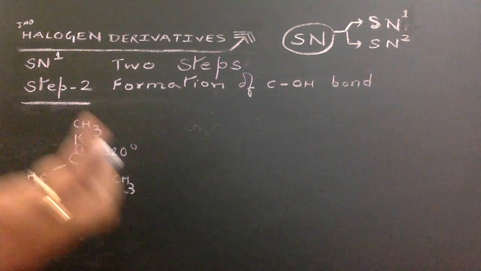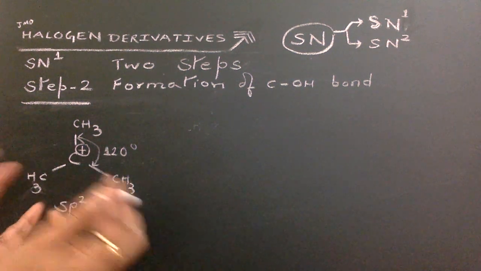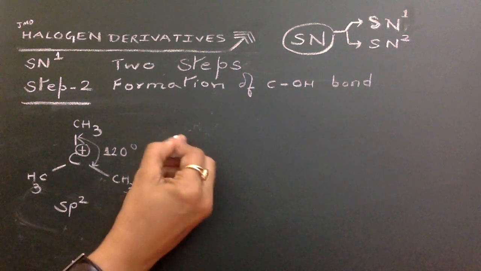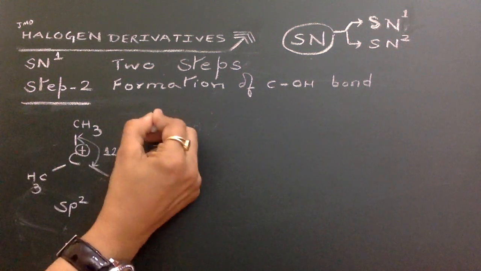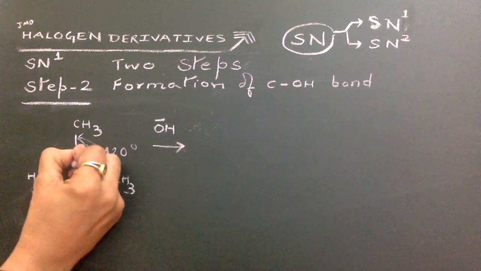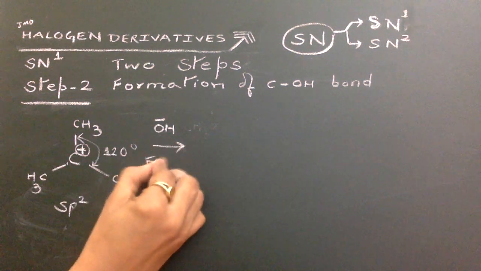Now this geometry makes it very, very special. How does it become very, very special? The attack of nucleophile on the carbonium ion takes place first of all very, very fast. Zup! Attack.